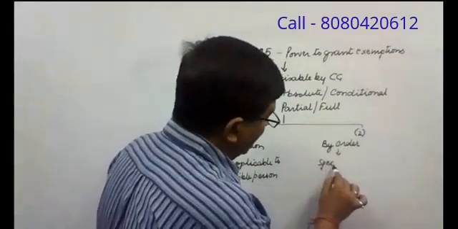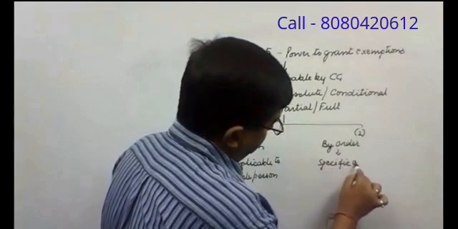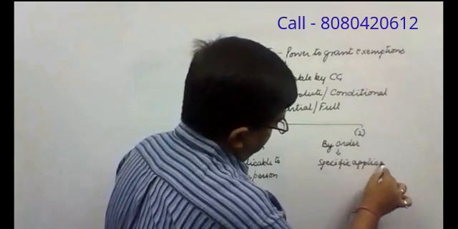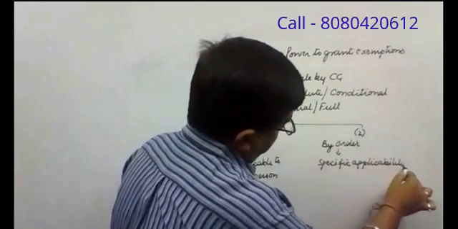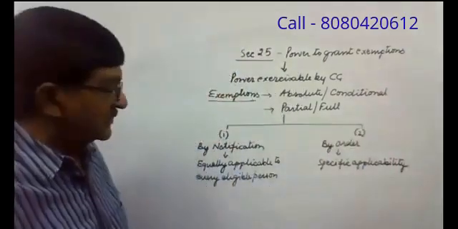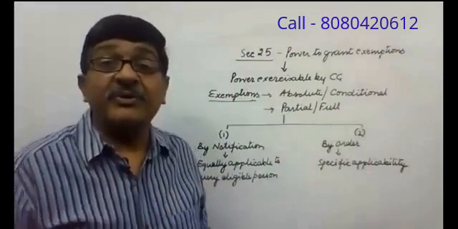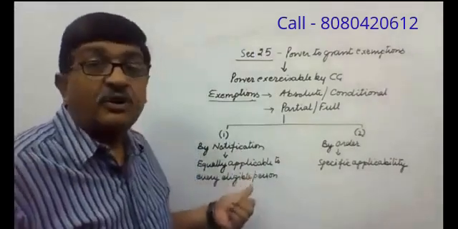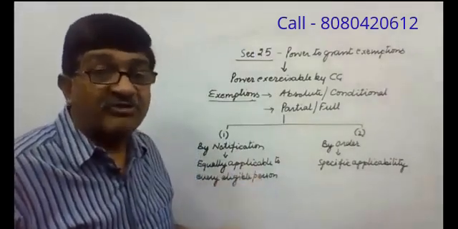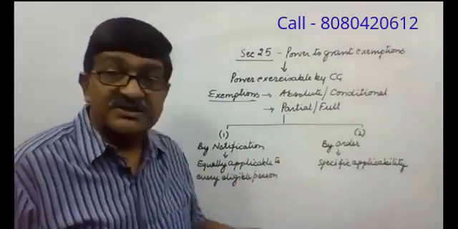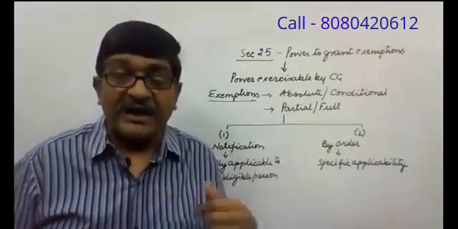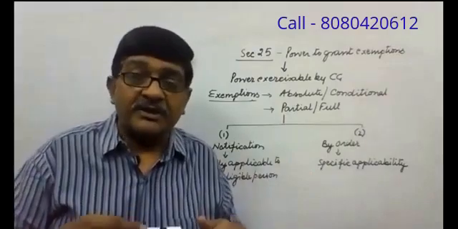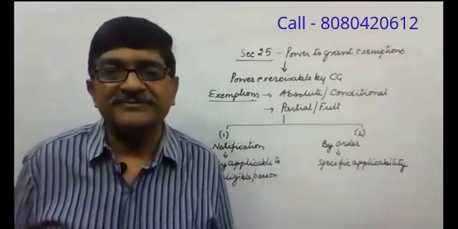Here we'll write only specific applicability. Notification, that is the major difference between the two. A notification is automatically applicable to all if the person is eligible as per the notification. In the case of an order, even if I am eligible as per the order, but the order is not for me, it is for somebody else, it is not available to me.